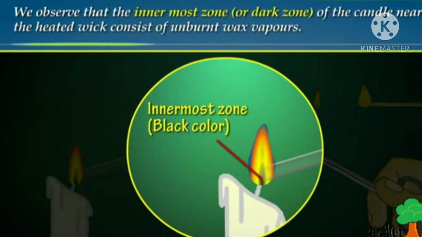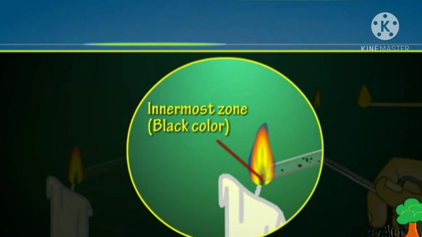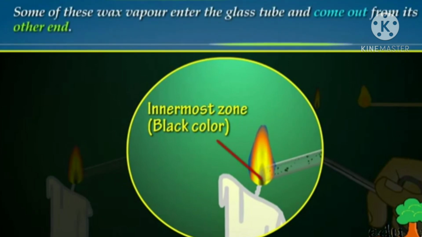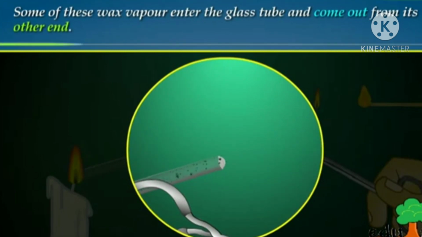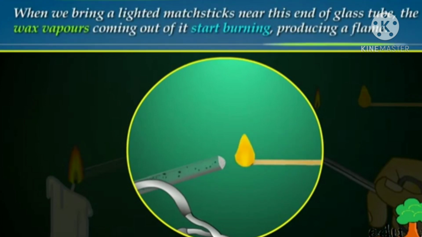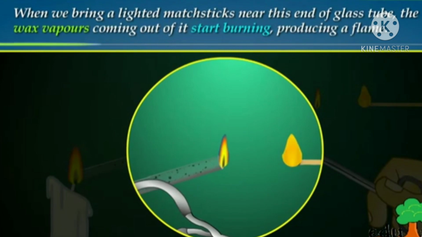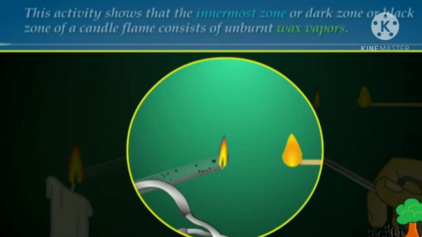We observe that the innermost or dark zone of the candle flame, around the heated wick, consists of unburnt wax vapors. Some of this wax vapor enters the glass tube and comes out from its other end. When we bring a lighted matchstick near this end of the glass tube, the wax vapors coming out of it start burning, producing a flame.